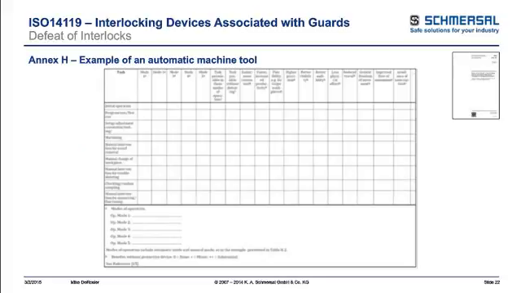And Annex H, you see, gives an example, in this case an automatic machine tool like a CNC machine. You'll see the different functions that occur or the tasks that are performed on the machine. So what the standard is giving you is not just a yes or no answer, but go to Annex H as an example.